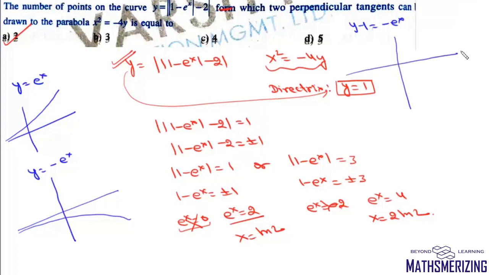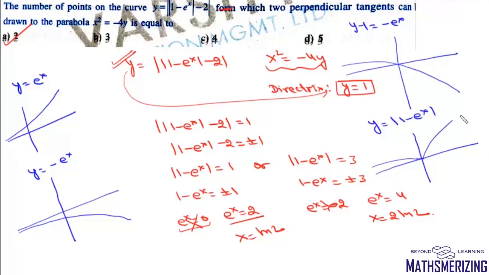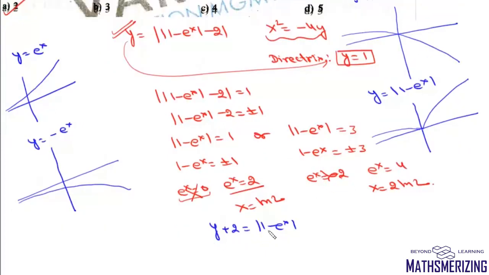Now we'll take the mod sign. So we'll find mod of 1 minus e to the power x. So we'll take the mod, then it is the reflection of the down part on up, and then erase the part from the third and fourth quadrant. So we'll get this graph. Now we'll draw the graph of y plus 2 equals 1 minus e to the power x.